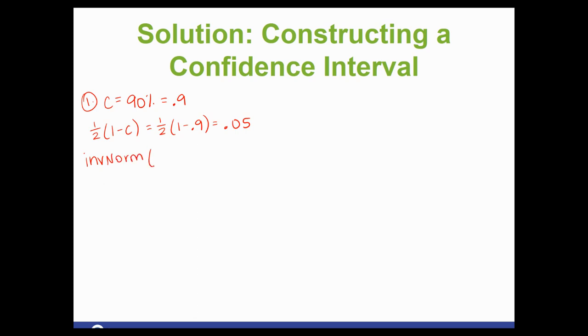We plug that into inverse norm as our area. Your calculator will just show you the negative symbol, but it is both positive and negative of that. 1.6449. This is your z_c. That is your critical value.